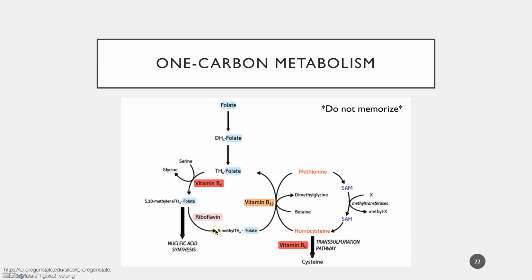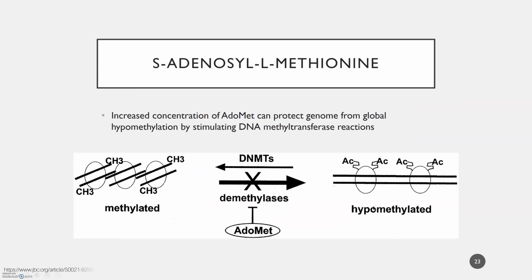This is just showing you how folate donates a carbon here to make S-adenosyl methionine. Please do not memorize this. There's no need for you to know the different components and details about the pathway. An increased concentration of AdoMet can protect the genome from global hypomethylation by stimulating DNA methyltransferase reactions.